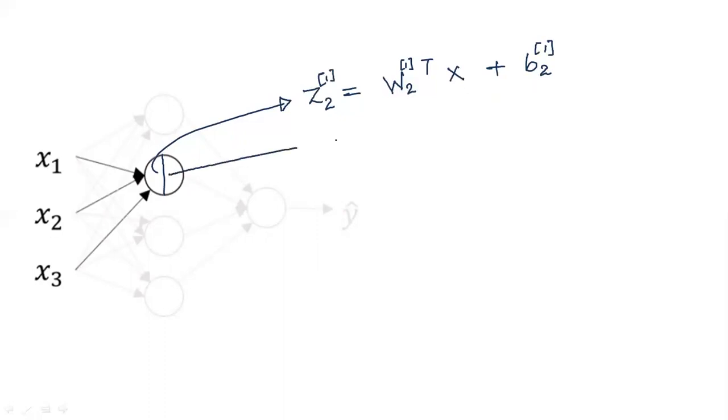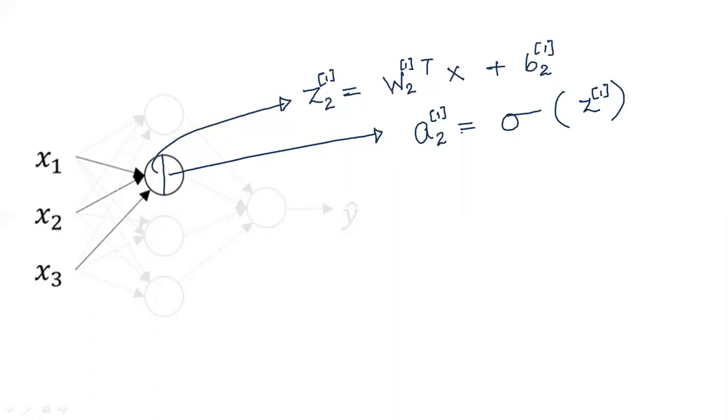Now I need to write the equation of a. So a equal to, I'll apply the sigmoid function of z. Now I want to write the numbers in superscript and subscript. Which layer am I working on? I'm working on the first layer of this neural network, so square bracket 1, and on which node of the first layer?